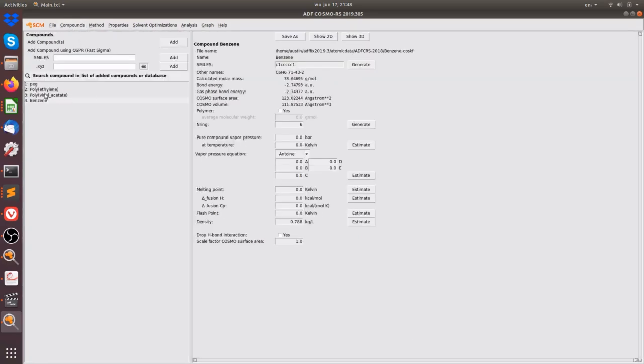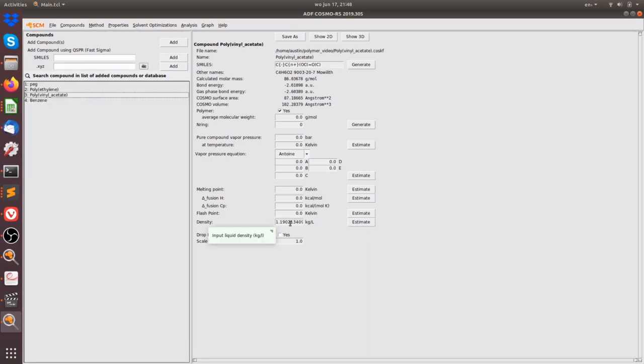Let's take a look at another system. I found some experimental data for polyvinyl acetate, and by the way, I should also mention that the polymers in the database do come preloaded with a density, or at least many of them do, those densities that I could find experimentally.